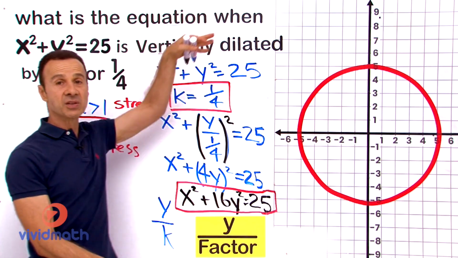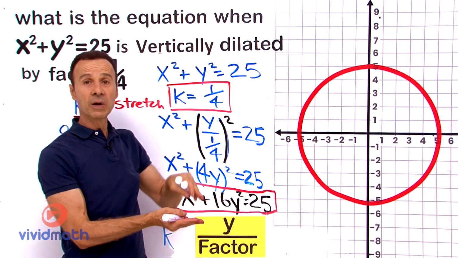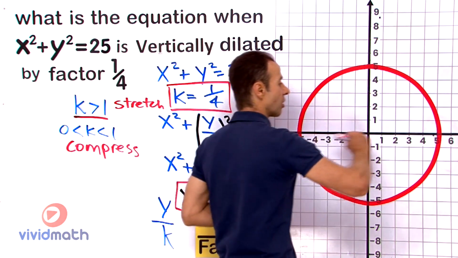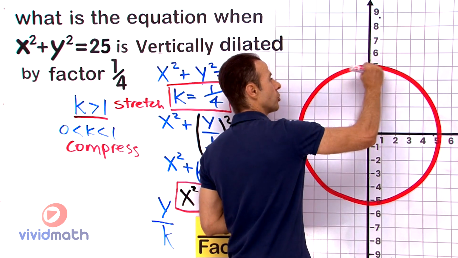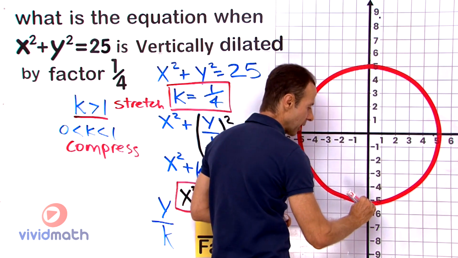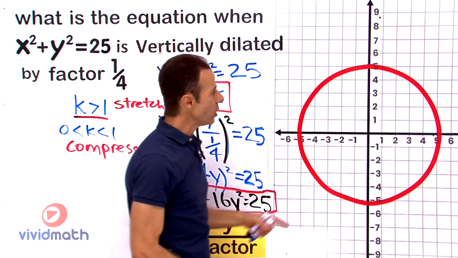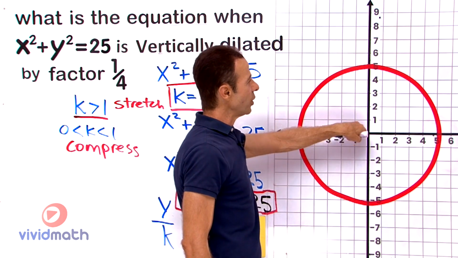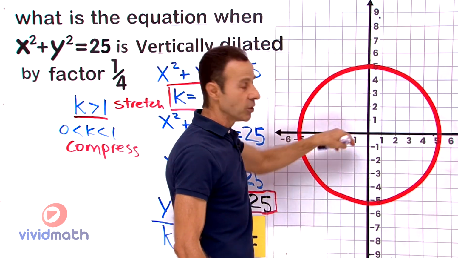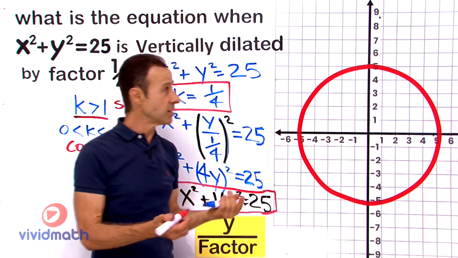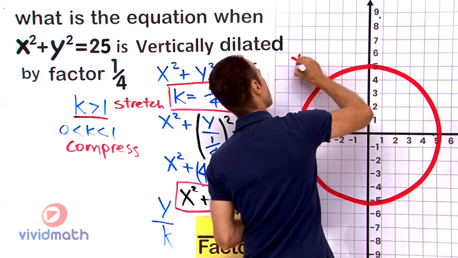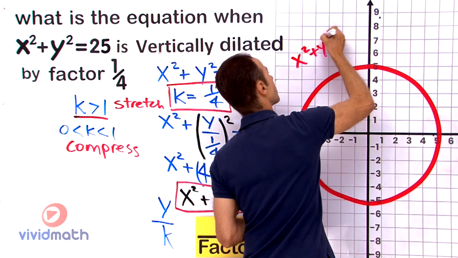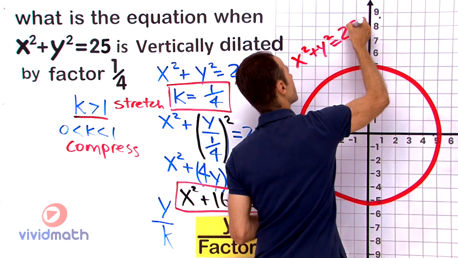So 1/4 means it's 1/4 as tall, 1/4 the distance from the horizontal x-axis to the curve, 1/4 of the way to the curve. So what's the actual distance from the x-axis vertically to the curve? Well, it's 5 units because the circle is x squared plus y squared equals 25. It's a perfect circle.